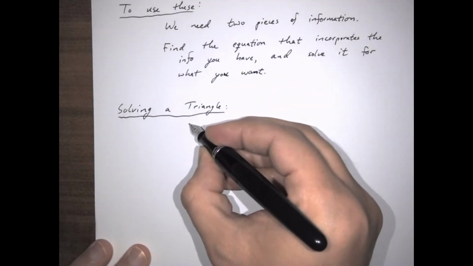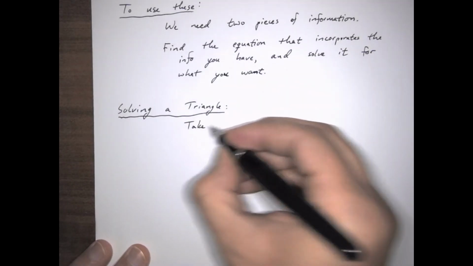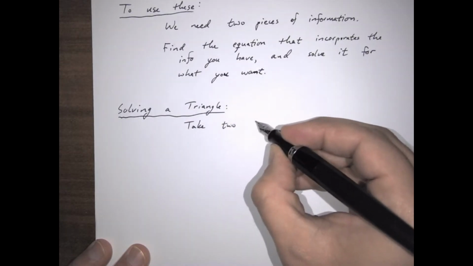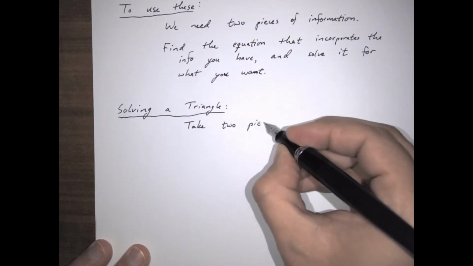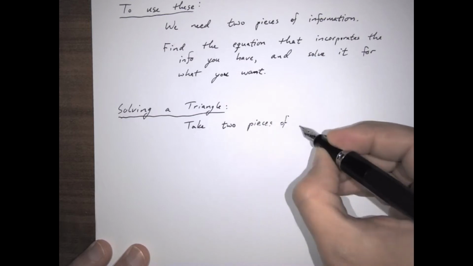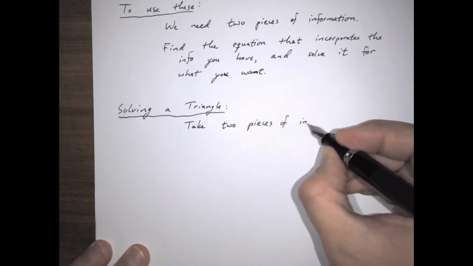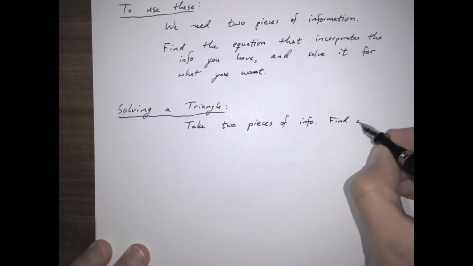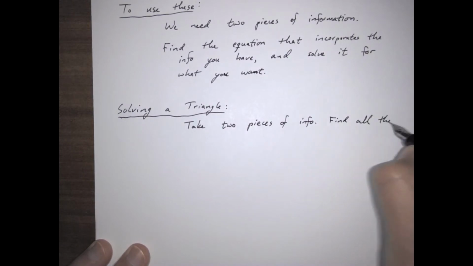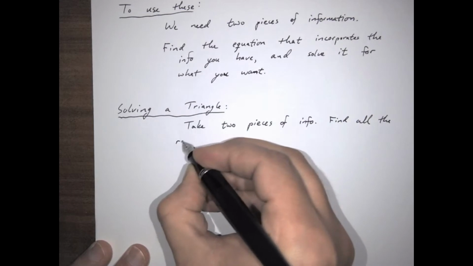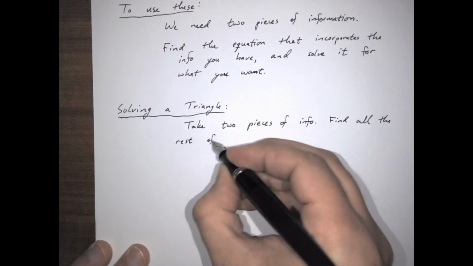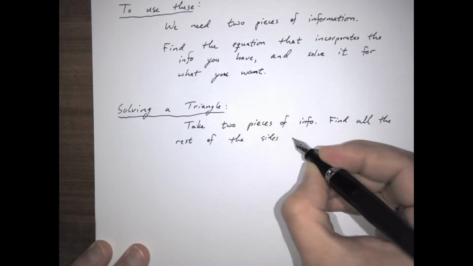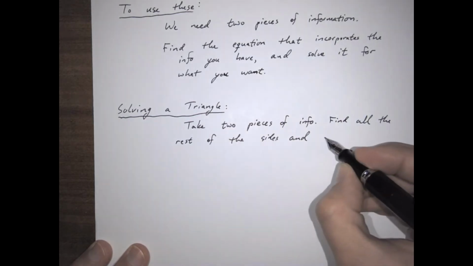So solving a triangle: take two pieces of information and find all the rest of the sides and angles.